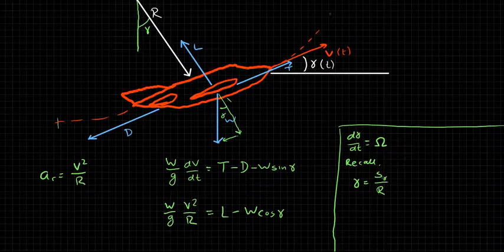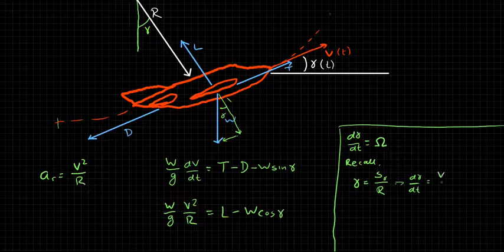Okay, but notice if we take the time derivative of this, our radius is not changing, so d gamma dt equals, and dS gamma dt is just the velocity.